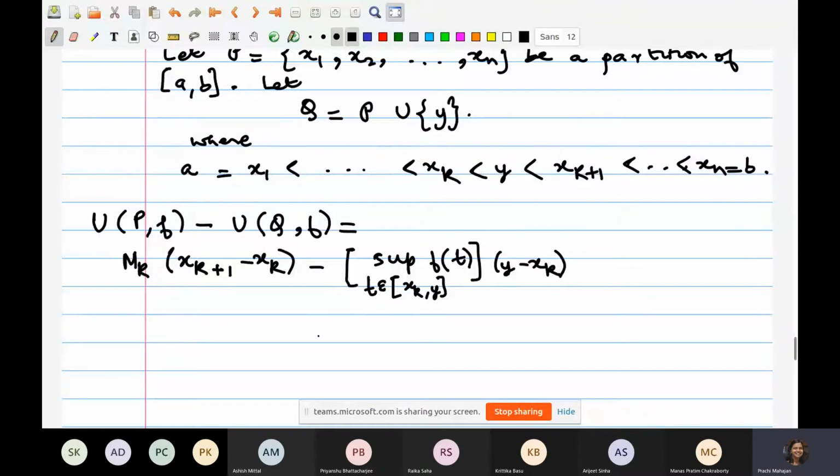And there's one more term, minus the supremum of f restricted to the subinterval [y, x_{k+1}] times the length of the subinterval, x_{k+1} minus y.